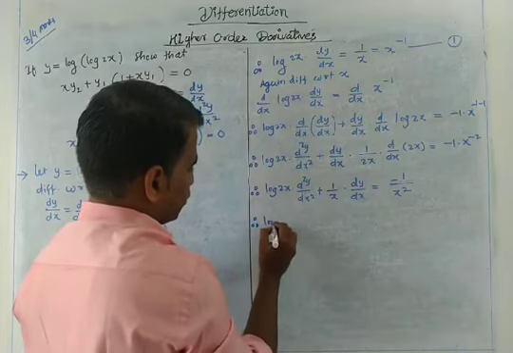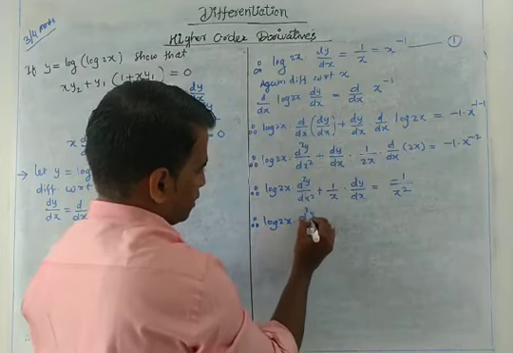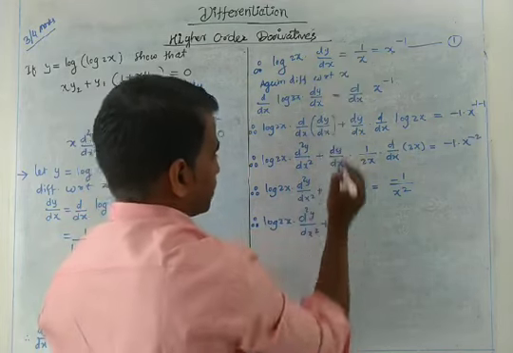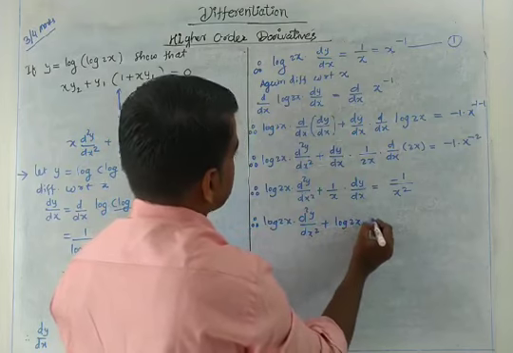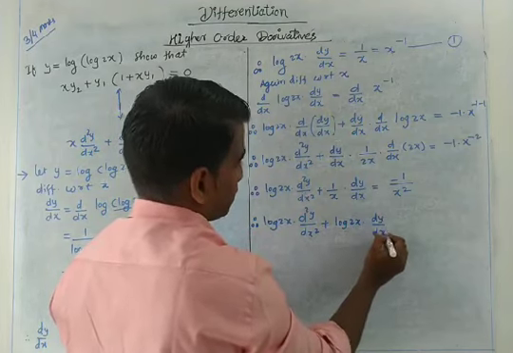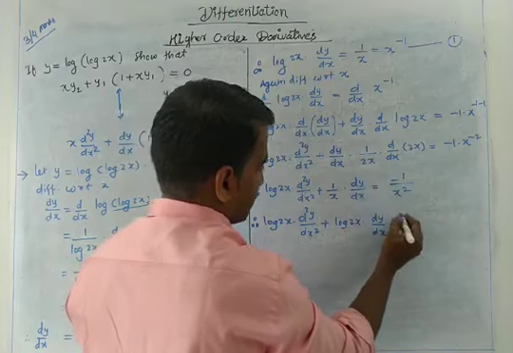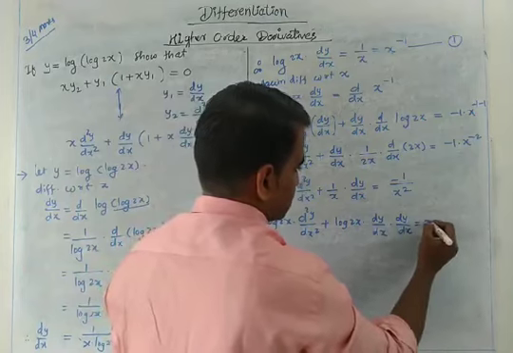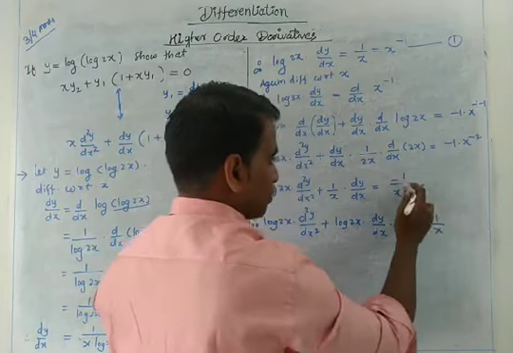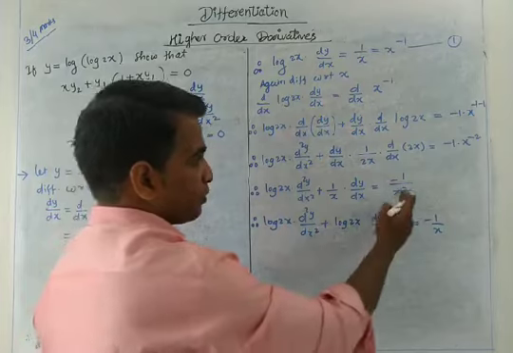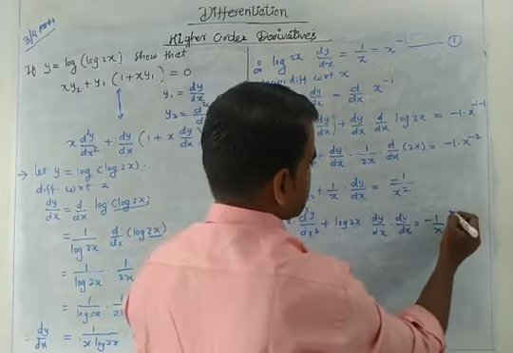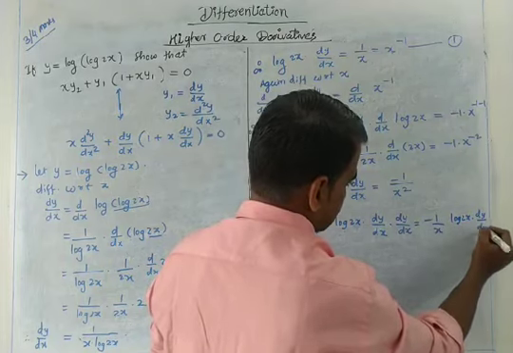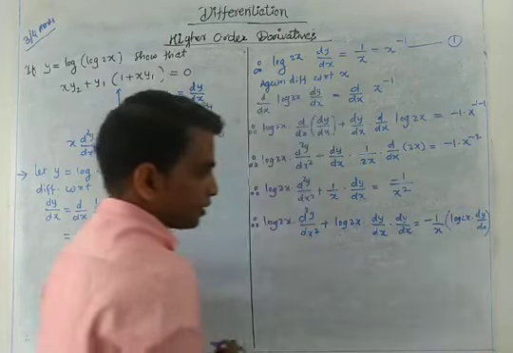So log of 2x d square y upon dx square plus, now this 1 upon x replaced by equation 1, is log 2x dy by dx, but dy by dx is already there, so into dy by dx minus 1 upon x, because 1 upon x can also be written as 1 upon x into x. So this remaining 1 upon x will be replaced with log 2x into dy by dx.